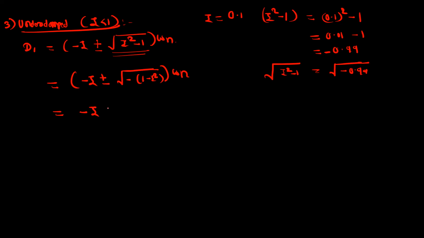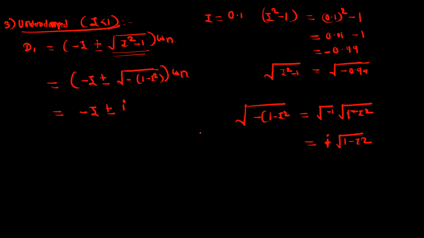So minus zeta plus or minus the square root of minus 1, this is I. So basically this term, minus 1 minus zeta square, is similar to the square root of minus 1 times the square root of 1 minus zeta square. This minus 1 value is I, and this is 1 minus zeta square. So these are the roots d1 and d2.